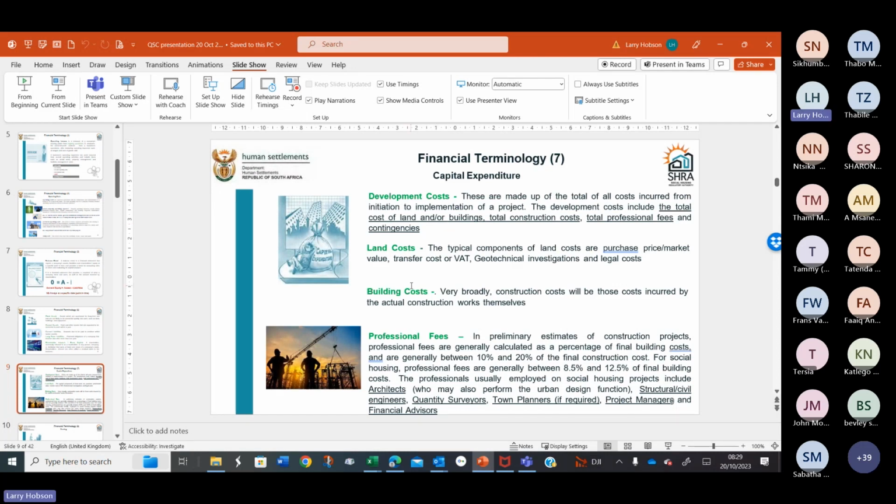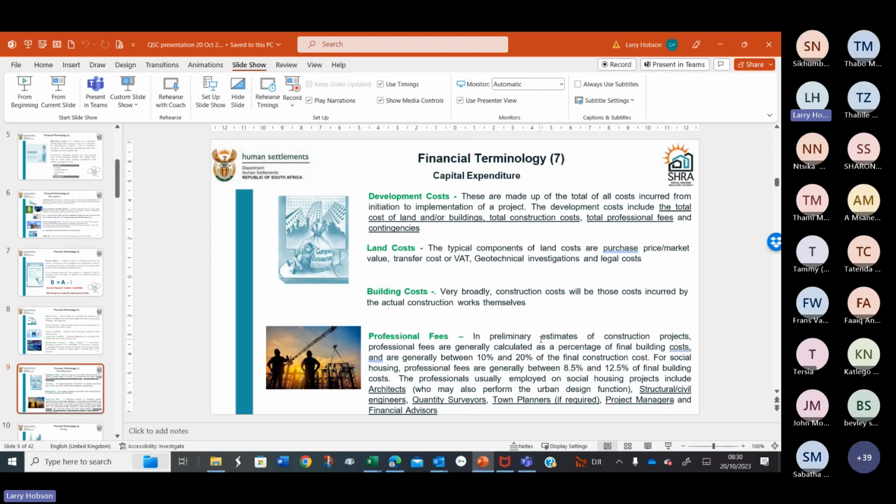Then there are professional fees for all the people like architects, land surveyors, quantity surveyors, engineers, all the people who help you to do the development. And it normally comes to between 10 and 15% of the construction costs.